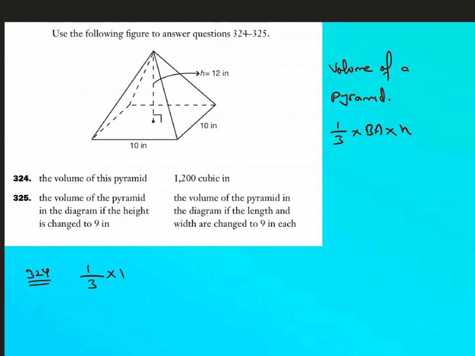Base is a square base, so that's 10 into 10 base area into height, which is 12. Now 12/3 is 4, so this is 400 inch cube. So I'm comparing 400 inch cube to 1200. So clearly 1200 is more, so it's B.